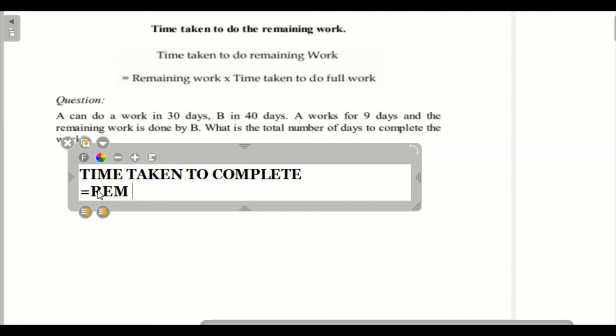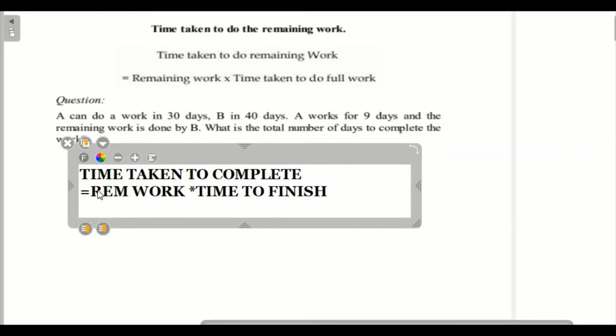So remaining work into time to finish the work. Okay. So here, work done by A equal to, we have to do the same way, that is 1 by 30 into 9 equal to 3 by 10.